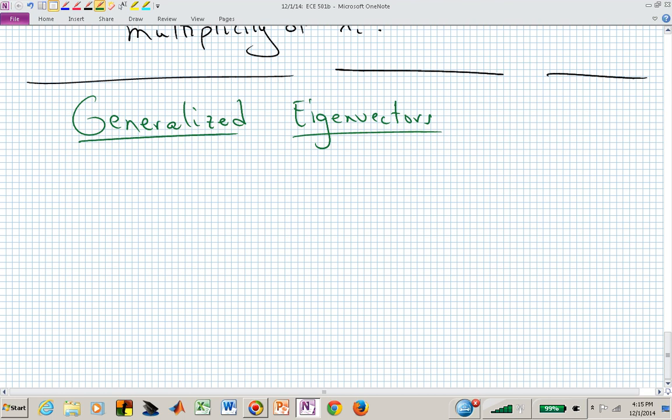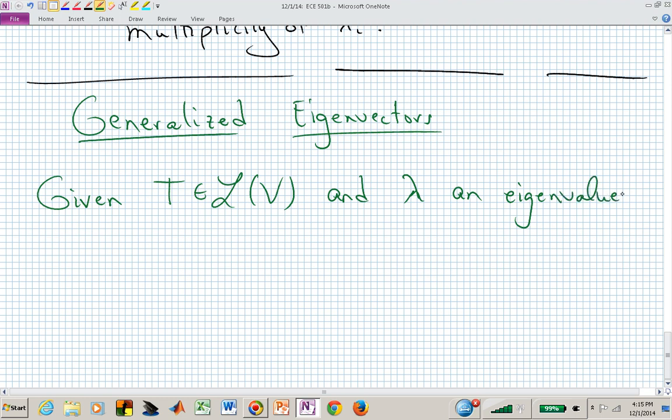And here's the definition. Suppose we are given a linear operator T on some vector space V, and lambda is an eigenvalue of that linear operator.